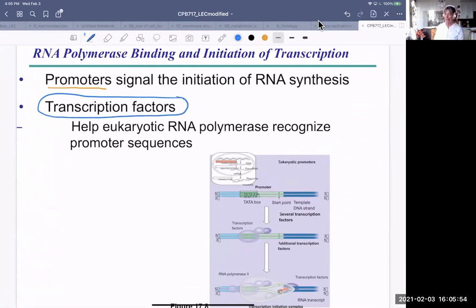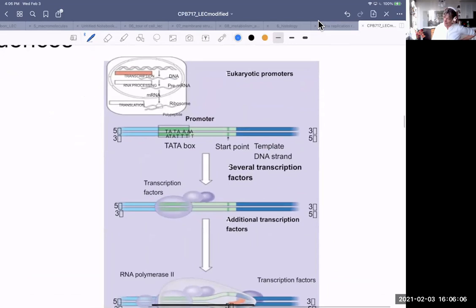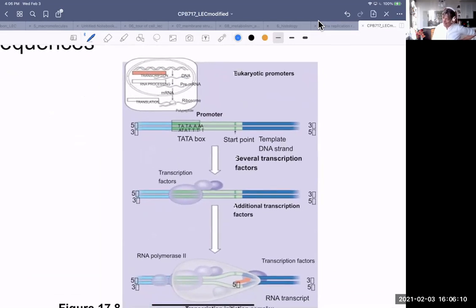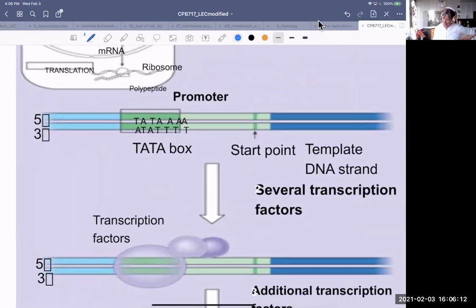So they're initiating the transcription of that particular gene. They help that RNA polymerase recognize promoter sequences, the ones that are required by the cell itself. And the promoters often have very distinct kinds of sequences. They're often called a TATA box because the sequence is all just thymine and adenine for the most part.